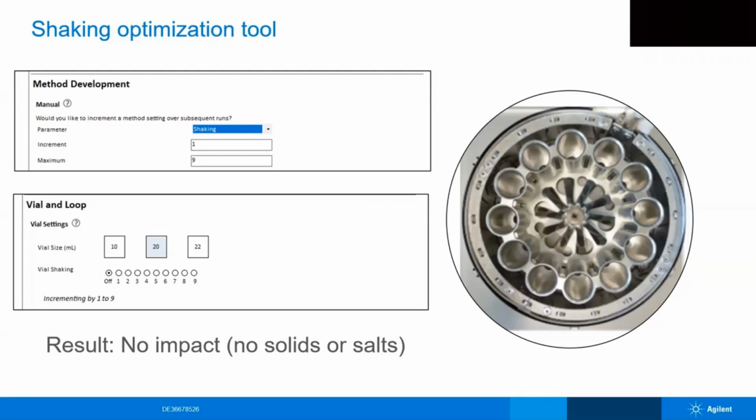And the final manual optimization tool is shaking. And for this particular application, shaking had no impact, but I wanted to go through the screens to show you what that might look like. So you would want to make sure that you have your vial size correctly set, and then we would start at, I think you have to start at a shaking level of 1, and then you would increment by 1 level up to the maximum shaking value of 9.